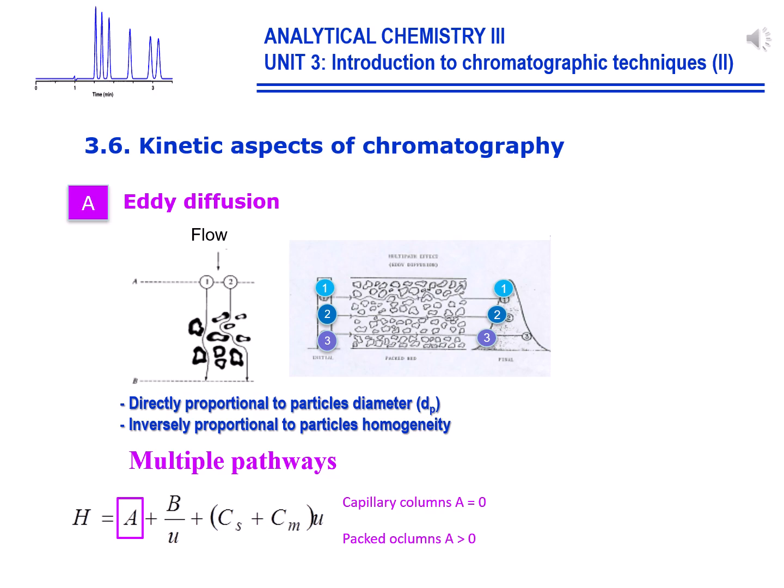However, in packed columns, there are multiple distinct pathways, so-called channels, through the column packing, resulting in band expansion, and A is greater than 0. The less the homogeneity of packing material, the higher the broadening due to the formation of these channels, causing diffusion of solutes and consequently peak broadening.